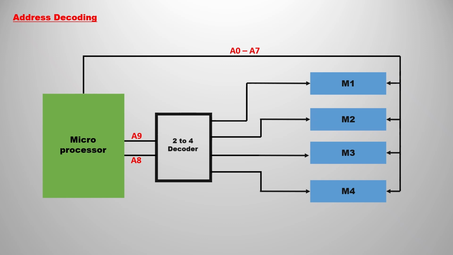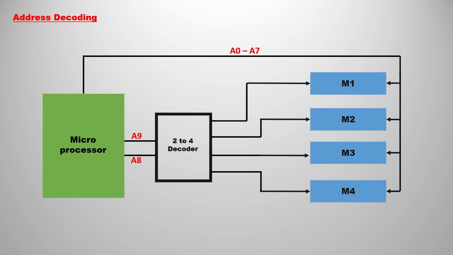The next one is address decoding. Suppose here we have a microprocessor, a decoder and some memory chips. Each output of the decoder block selects one of the memory blocks, so the microprocessor selects one of the 4 blocks. Inside the block there are 256 locations, and it will select one location.